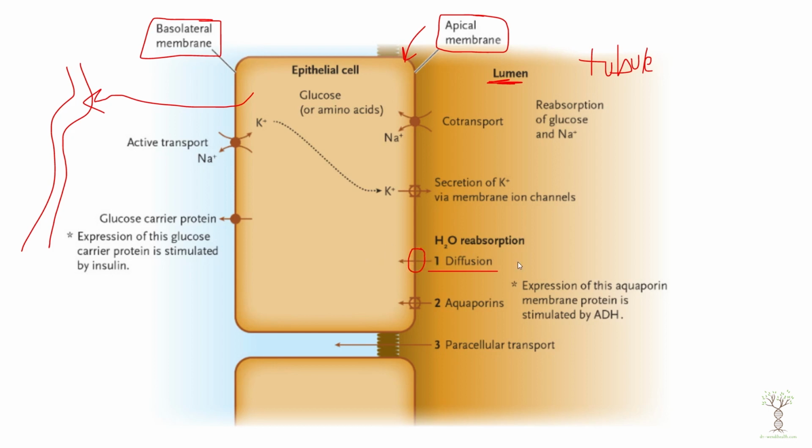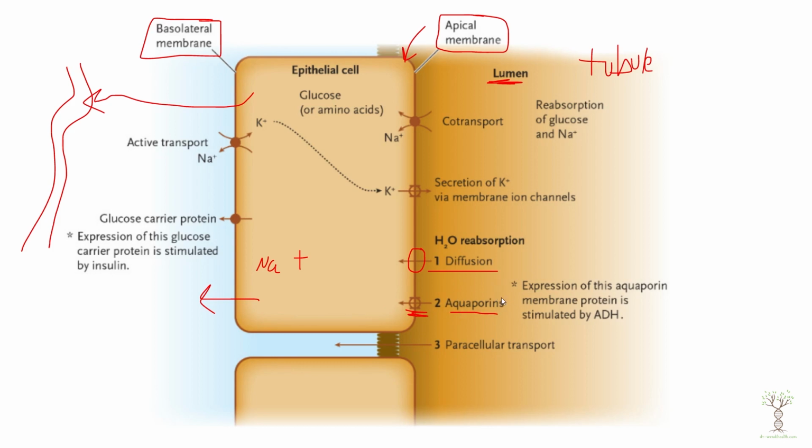It simply moves across the membrane because of the concentration of charged molecules, for example, sodium ions. So anything that has a charge is going to pull water into these epithelial cells, which will then move out and go into the blood. We can use membrane proteins to move extra water, and those proteins that move water are called aquaporins.